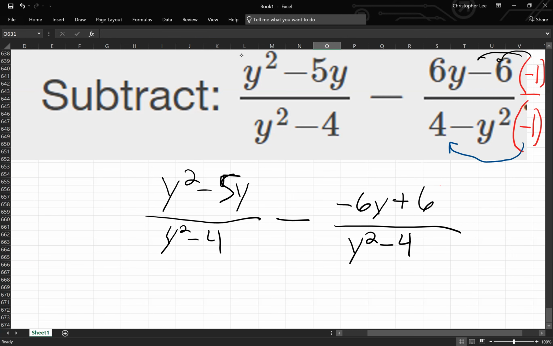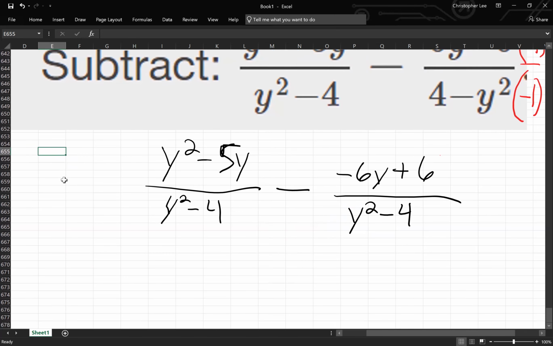So negative 1 times 4 is negative 4. And then negative 1 times negative y squared, that's positive y squared. Just flip the sign and then you rearrange it the way you want it. Exactly. Because the whole goal is I need the same denominator so that I could legally just work with the numerator.